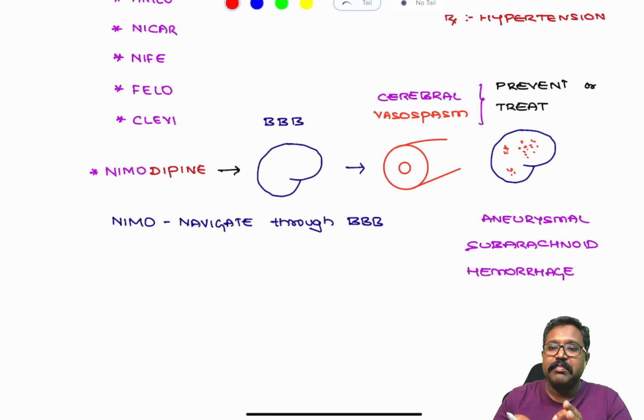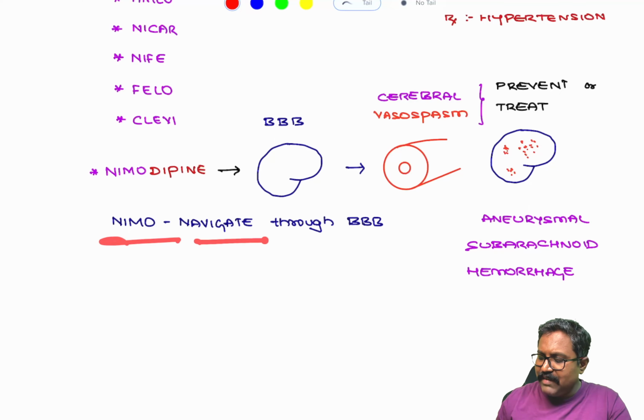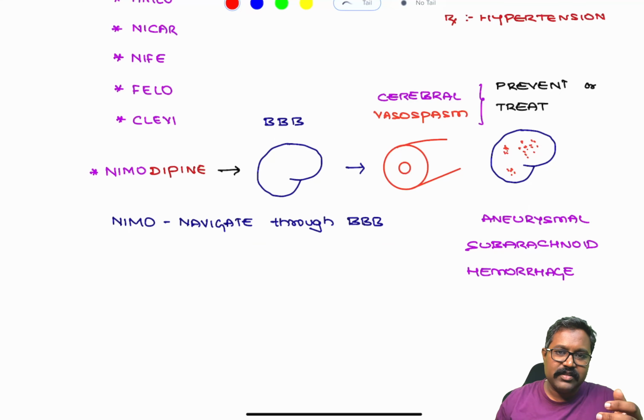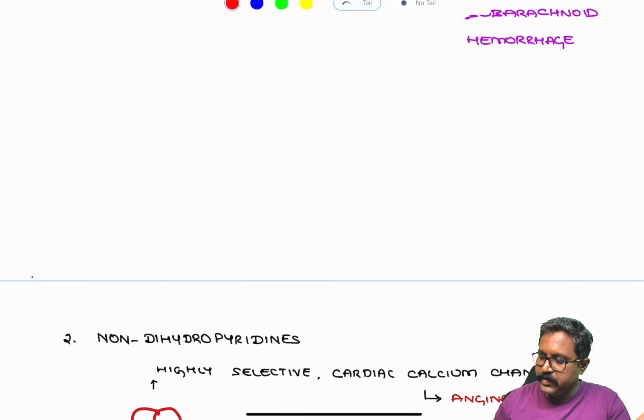At least you should remember nimodipine is used in subarachnoid hemorrhage. The rationale is to overcome the cerebral vasospasm, because it relaxes the vascular smooth muscles, thereby dilating the cerebral blood vessels.